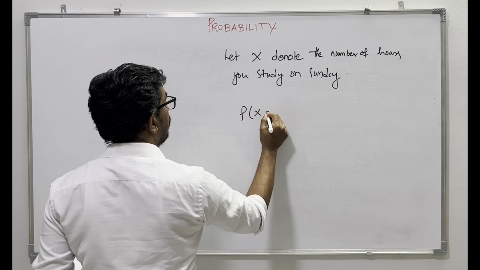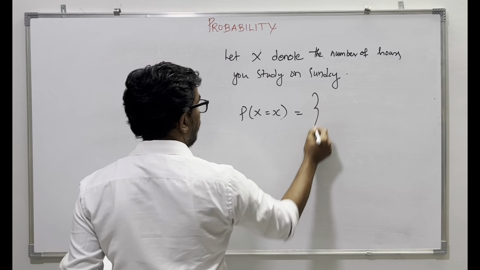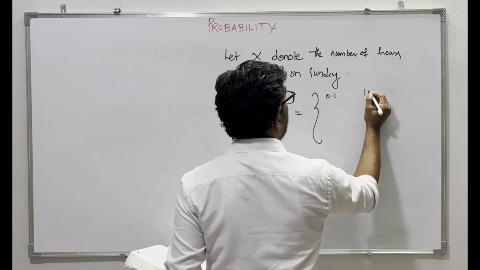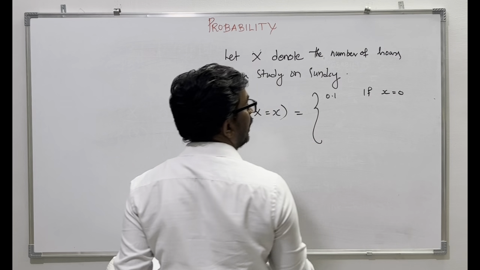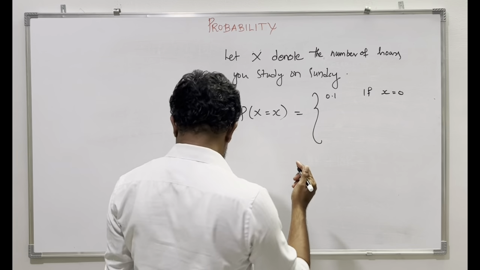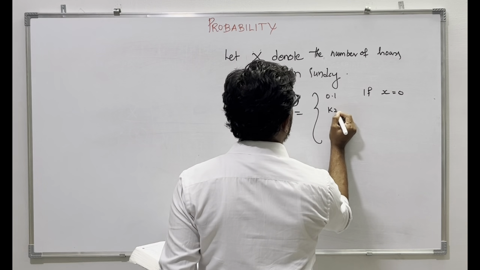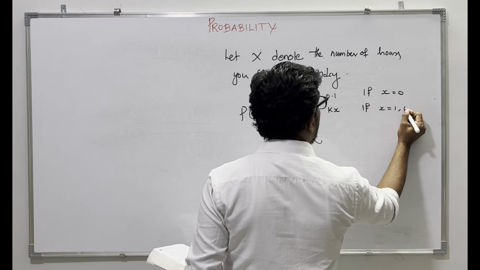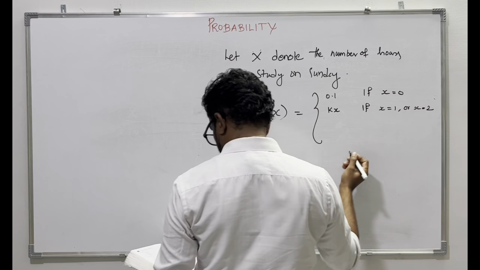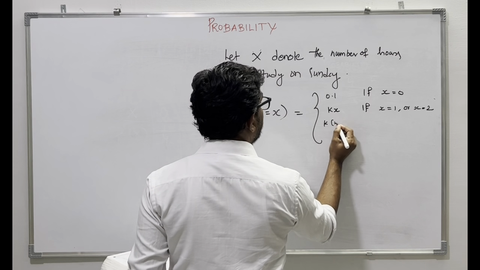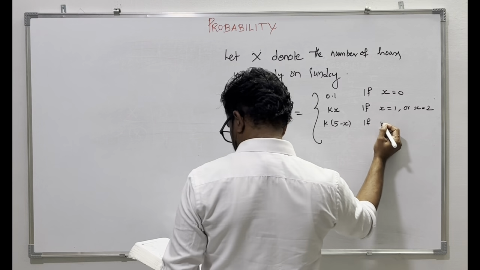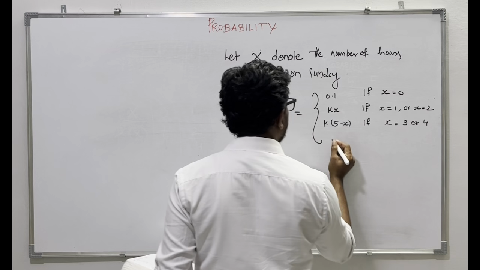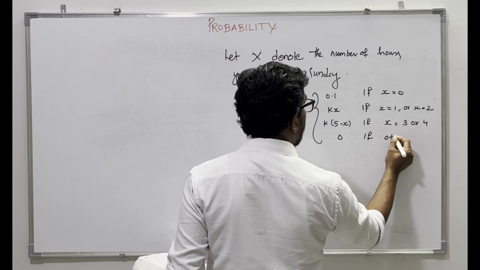P of x, the probability, is directly given. Let us analyze this one. 0.1 if x equal to 0. This is not given in a column way. They have given it like this. That's why I thought I will work out this kind of question. Kx if x equal to 1 or x equal to 2, k into 5 minus x if x equal to 3 or 4, and 0 otherwise.